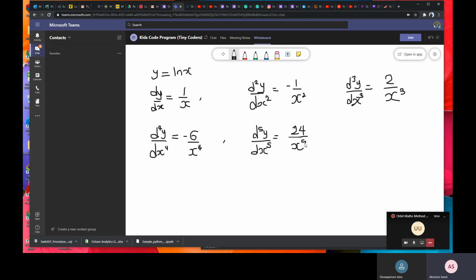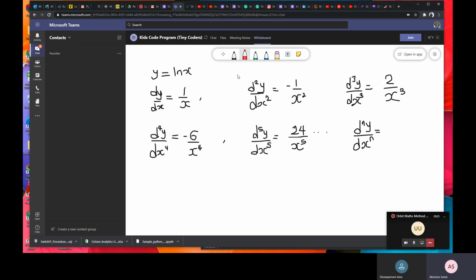I can go on differentiating this further, but it won't help me because I want to get a particular generalization, which is d^n y over dx^n for any positive integer n. This is where I'm going to, but just continuing this process won't really help me. But can I find a pattern?